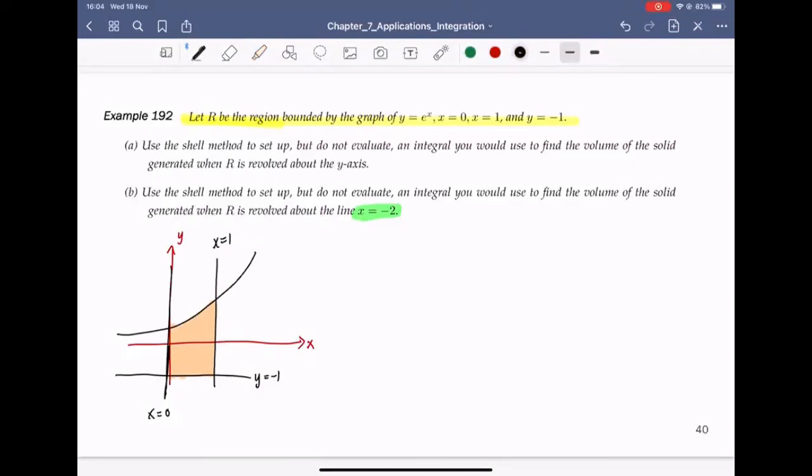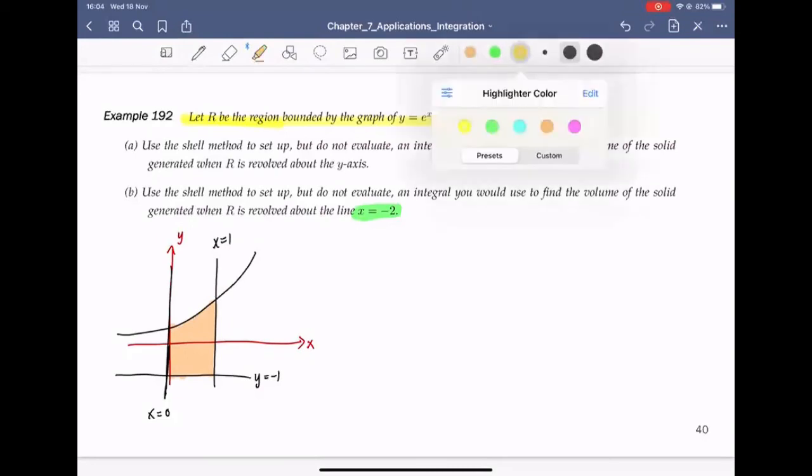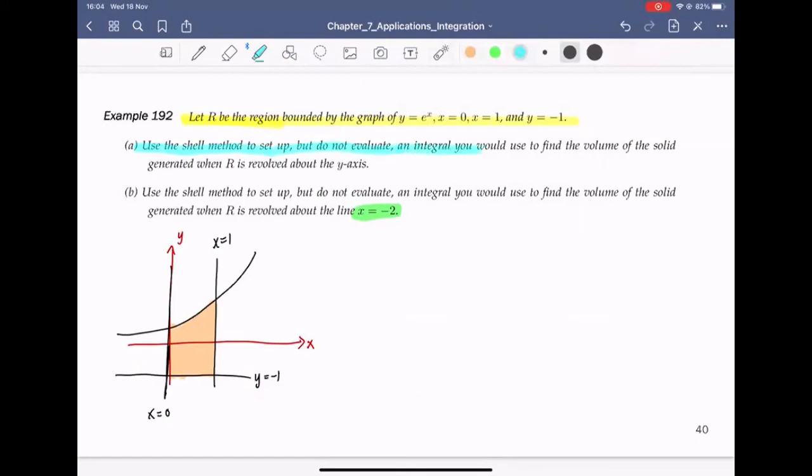All right. So the question forces you to use the shell method to set up, but do not evaluate, an integral you would use to find the volume of the solid generated when R is revolved about the y-axis. So the first question is this region is going to be rotated about the y-axis.